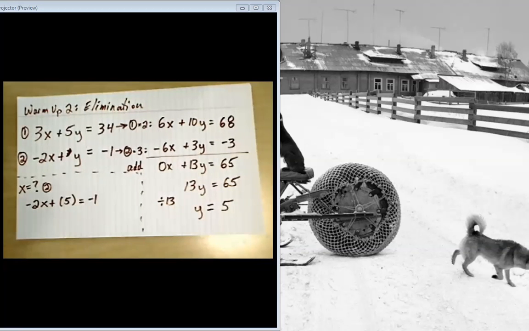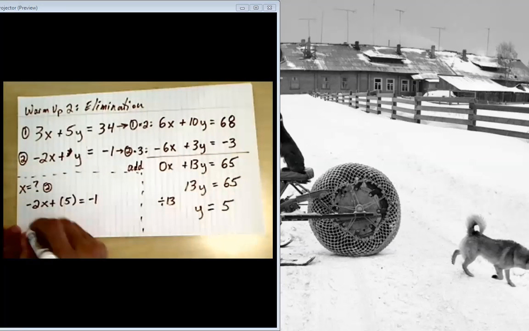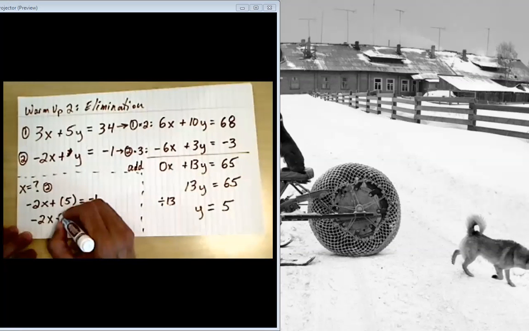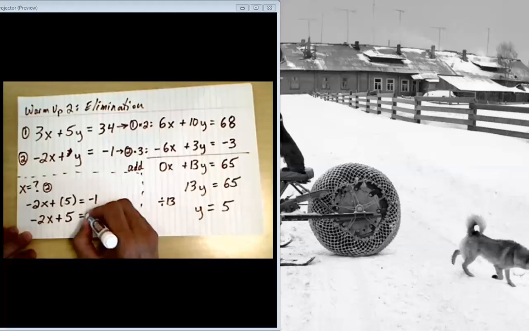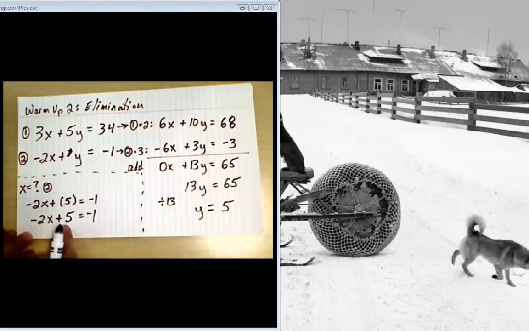So minus 2x plus 5. Now we can get rid of the brackets because it's a plus in front. If it was a minus, then it would be subtract 5. Good so far.